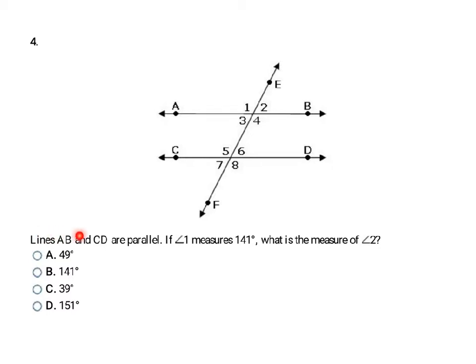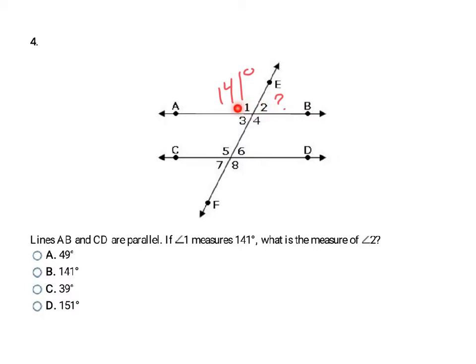This question here tells us these lines are parallel, AB and CD, so we can assume all the patterns that are created with alternate interior, alternate exterior, and corresponding angles. And so we know that angle 1 is 141 degrees. And we want to know, what is the measure of angle 2?